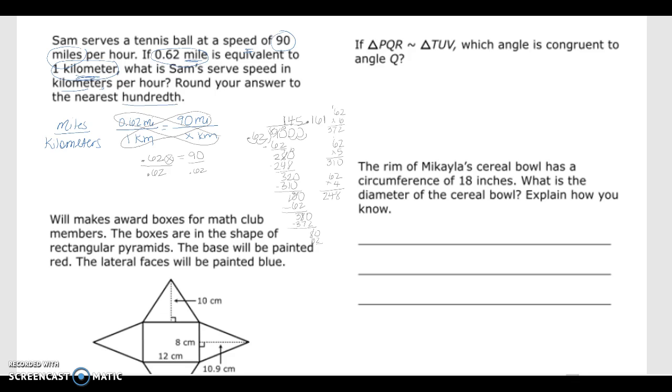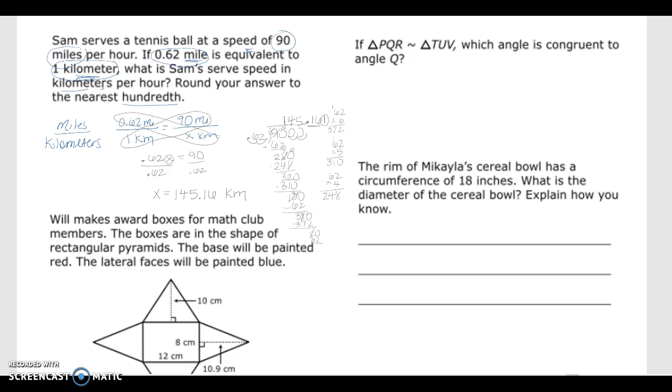So I'm going to round to 2 decimal places. I'm looking at the 1. Since the 1 is less than 5, I don't bump it up. So my answer is x is equal to 145.16 kilometers. Okay, I know, a lot of division for one problem.